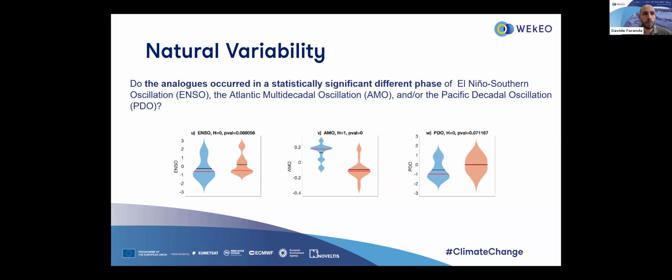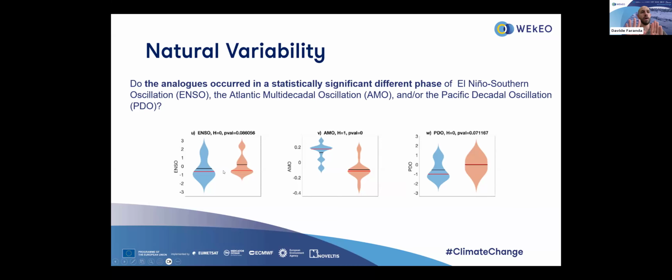And similarly, having the dates of the analogs for the past and the present, we can look at how the El Niño Southern Oscillation, the Atlantic Multidecadal Oscillation, and the Pacific Decadal Oscillation could have influenced the event.